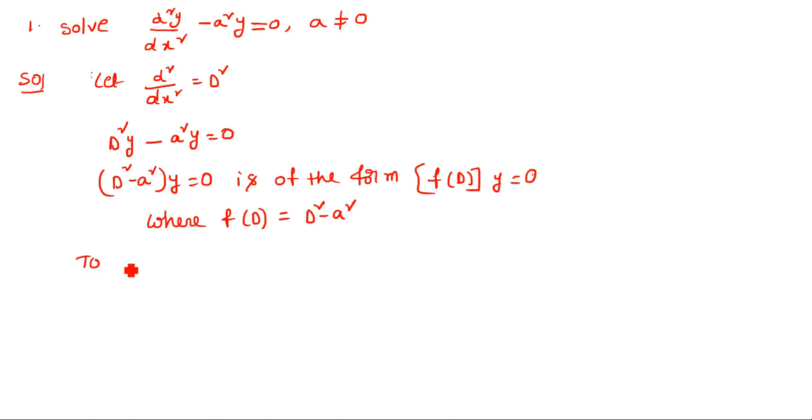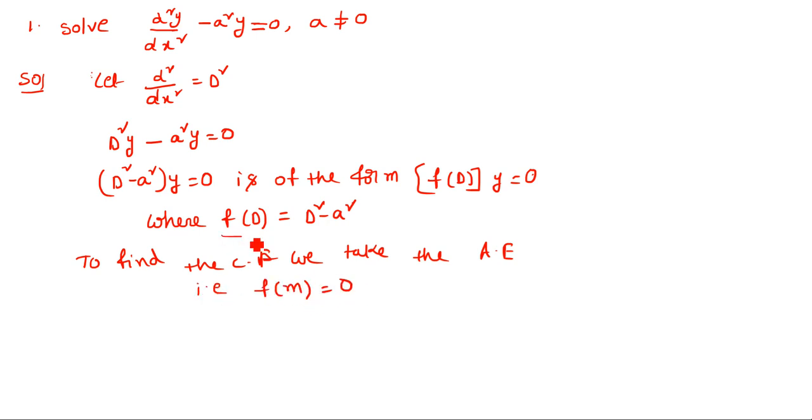To find the complementary function, we take the auxiliary equation, that is f of m equals 0. We know f of D is D square minus a square. So f of m equals, replacing D by m, m square minus a square equals 0.